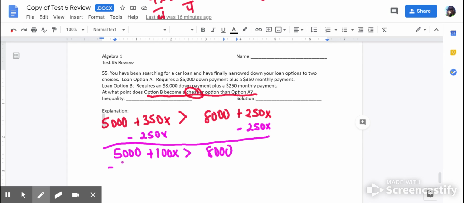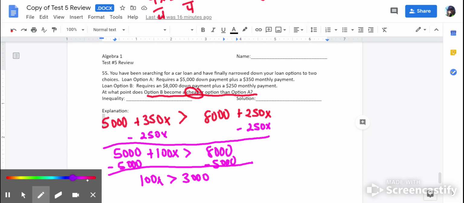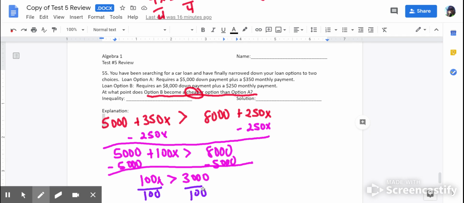I want to subtract 5,000 from each side. And then I'll have 100x is greater than 3,000. At this point, I want to divide each side by 100. So x will be greater than 30 months. So option B becomes cheaper after 30 months.